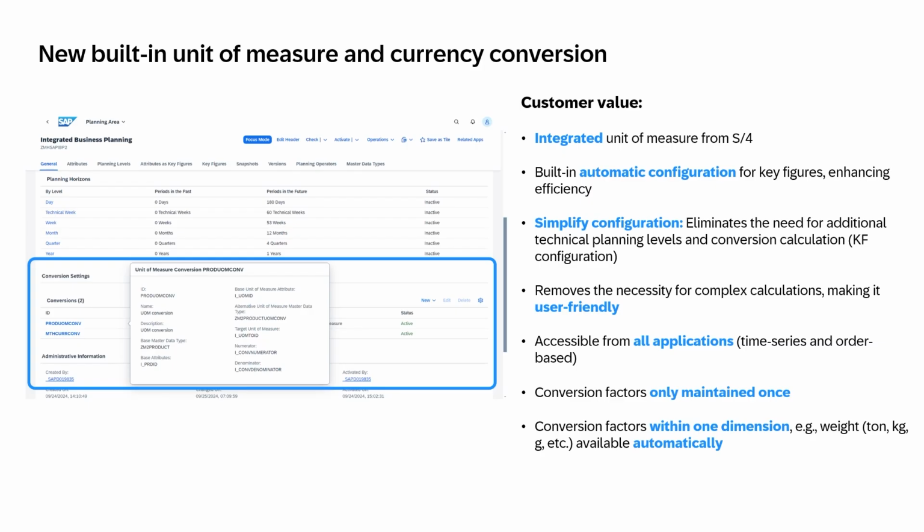So we harmonized that, and now you will see the unit of measure on the header level. That unit of measure conversion is then taken by all the applications within IBP. So there is no need for additional helper key figures. There is no need for additional planning levels. All the conversion happens automatically. That's the second benefit of having this harmonized planning area.